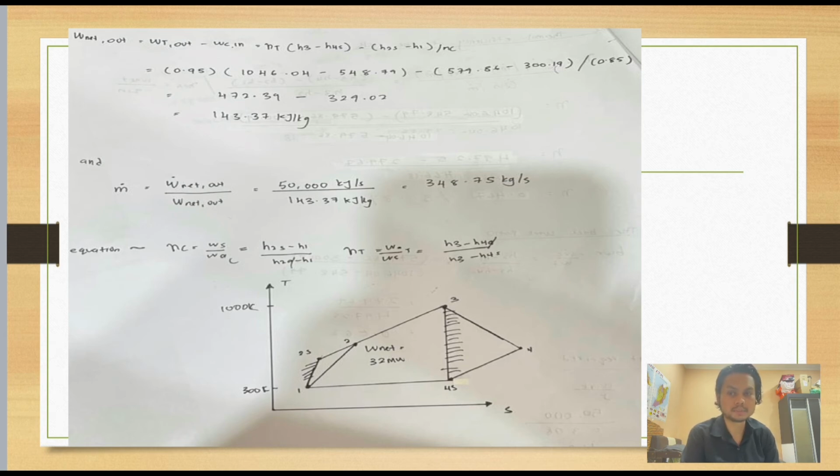kilojoule per kg, and then we can easily get the mass flow rate. The formula is W net out divided by W net. For W net out we use 50,000 kilojoule divided by the W net we got previously, and then we get 348.75 kilogram per second.